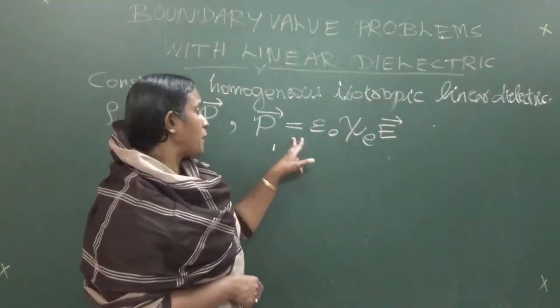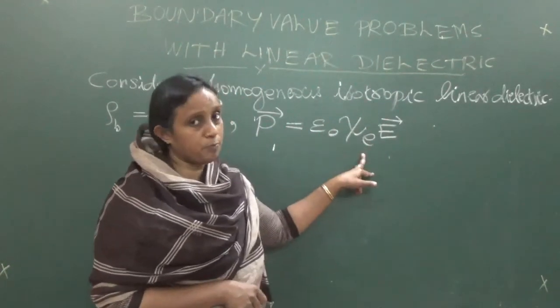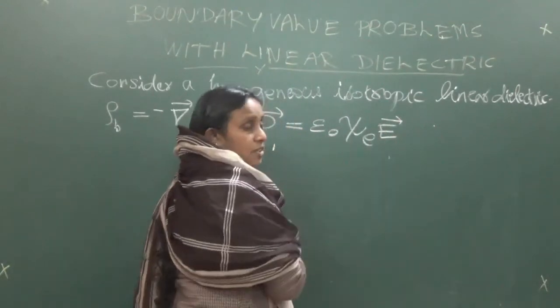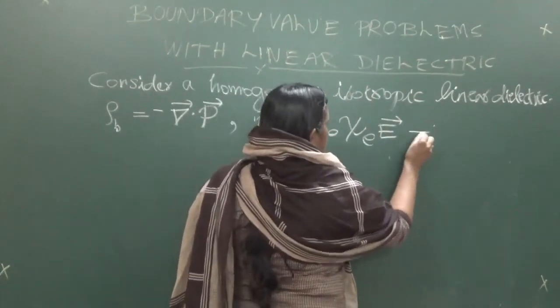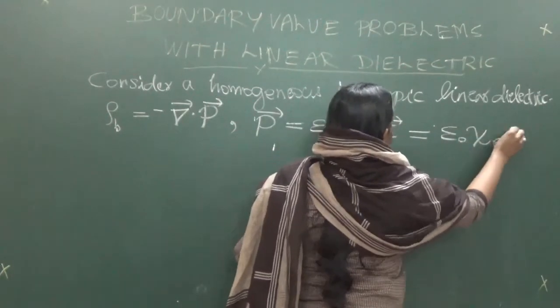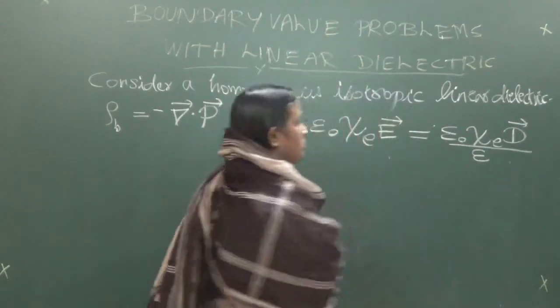So P equals epsilon 0 chi e E, where chi e is the electric susceptibility. If you replace the electric field with the electric displacement vector, the equation takes the new form epsilon 0 D by epsilon.